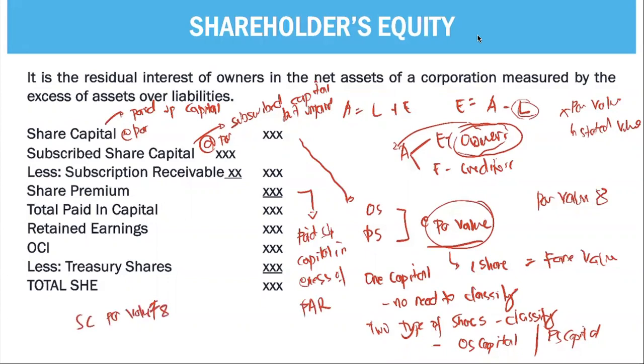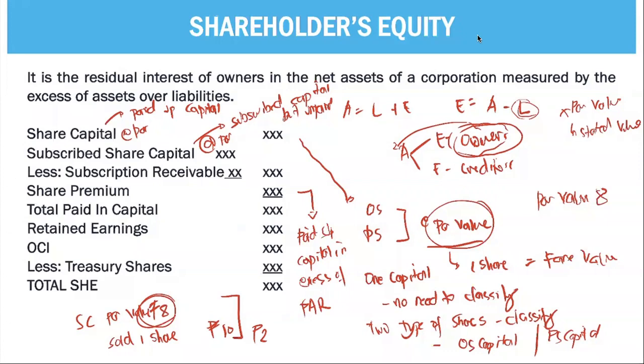However, you have sold one share for 10 pesos. So we have an excess of 2 pesos because our par is only 8, so you will record share capital at 8. However, you have sold it at 10, so we have an excess of 2. What do we call the excess? We call that share premium. That is the paid up capital in excess of the par. Our par is only 8, but the paid up is 10. Then we have an excess of 2, the share premium.